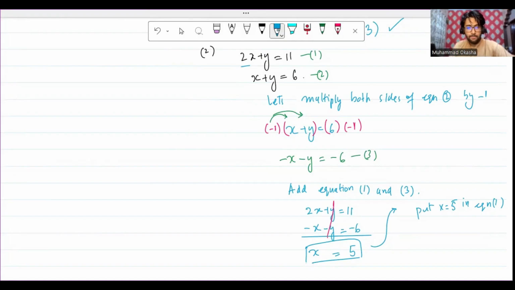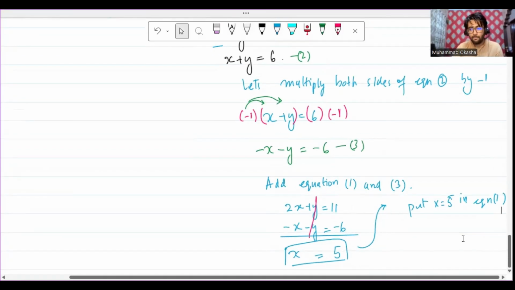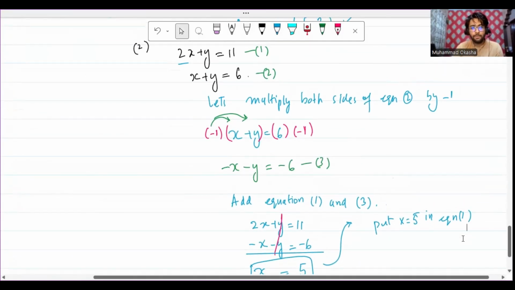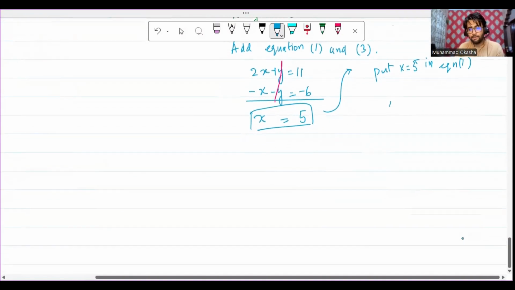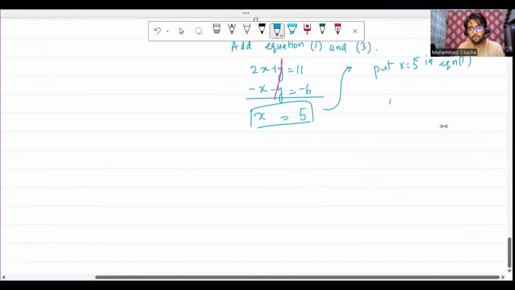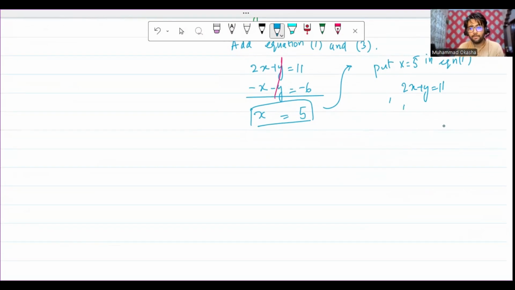Equation 1 is 2x plus y equals 11. Wherever you see x, put a 5. So I'm going to get 2 times 5 plus y equals 11. 2 fives are 10, so 10 plus y equals 11.